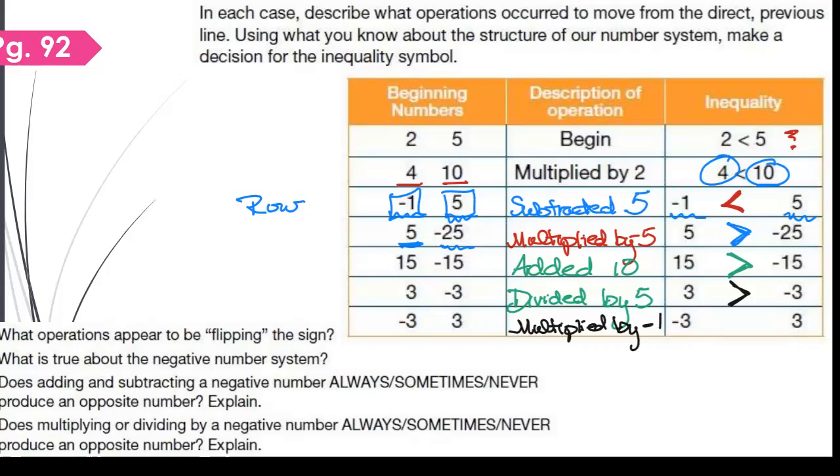Is there something else we could have done besides multiplying by negative 1? Divide by what? Negative 1. We also could have divided by negative 1, correct? Okay, and then how does negative 3 compare to 3? Less than.